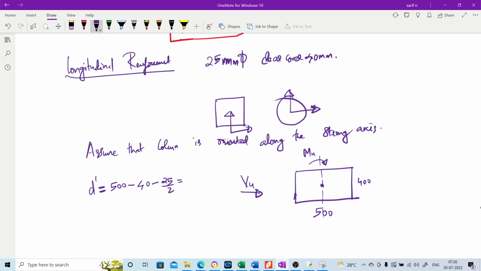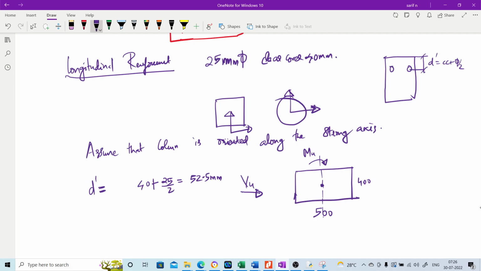So the d dash value will be 52.5 mm. For example, here we have two bars, and we are trying to find this distance d dash, that is clear cover plus bar diameter divided by 2, cc plus phi by 2. That is what we have found out here.